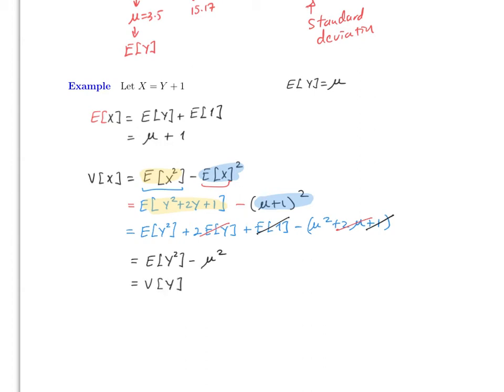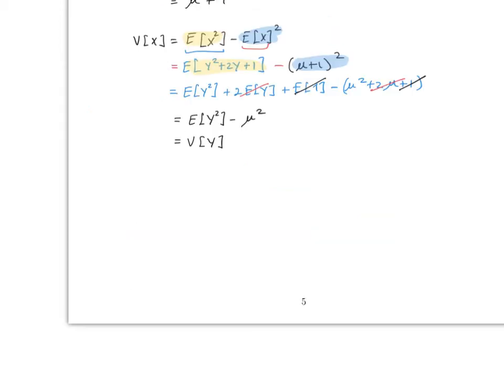So this result is very important, which means the mean will be different if you add 1 to the variable, but notice that the variance of x and y are exactly the same, even though x is the variable y plus a constant.